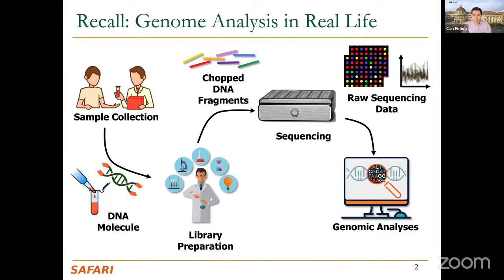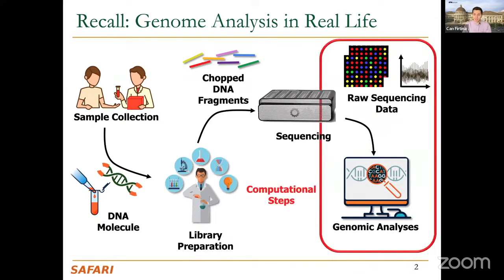That data is not directly ATGCs, the sequences of bases, but first they produce some raw sequencing data. This raw sequencing data is generated based on the principles of these sequencing technologies, where, for example, one technology may generate a series of electrical signals. Some other technology may generate a series of images or even a movie as raw sequencing data.